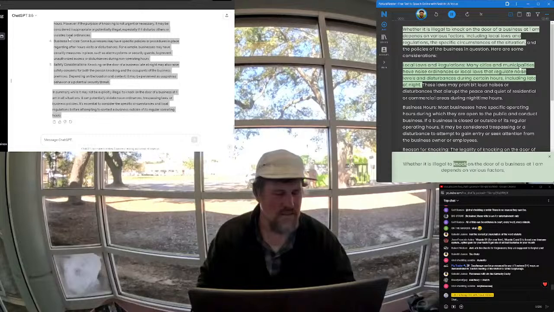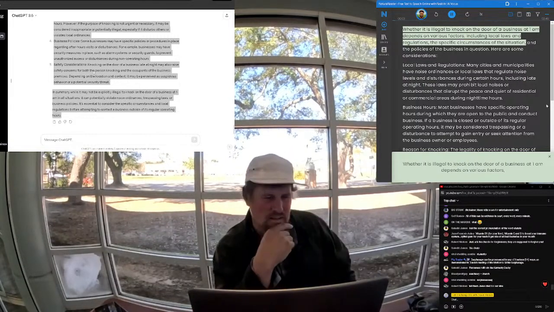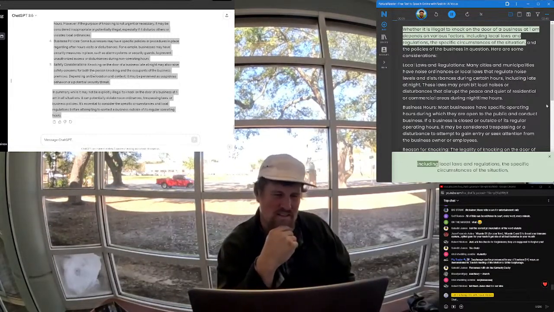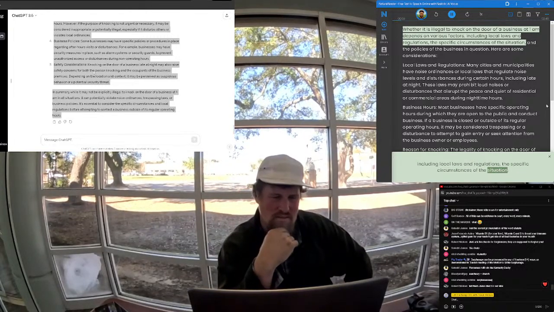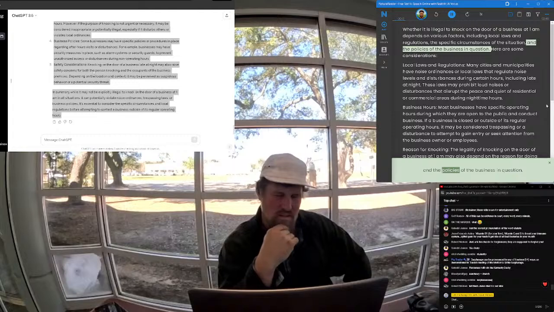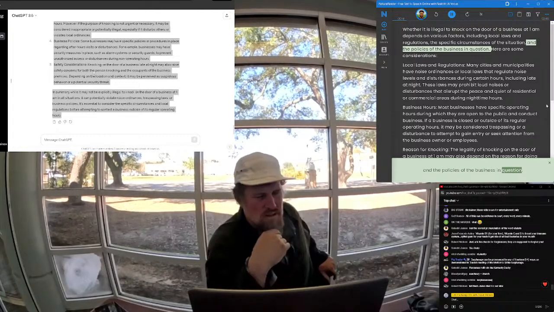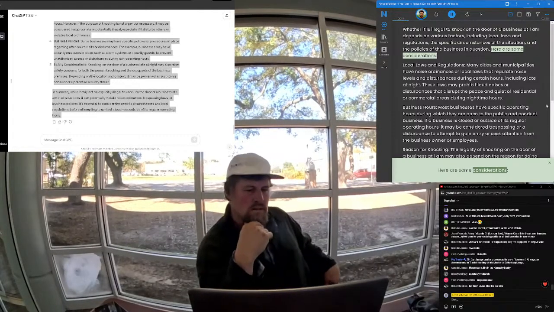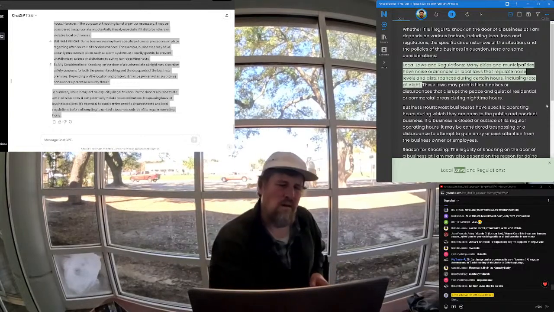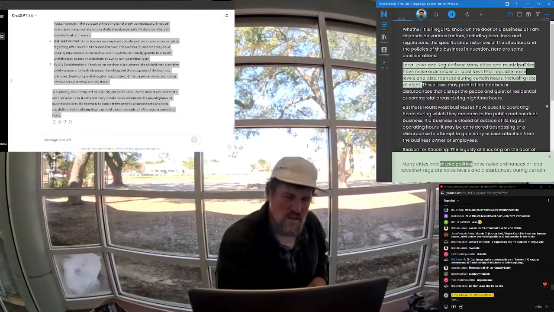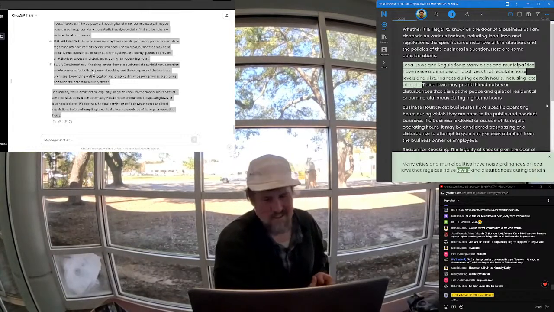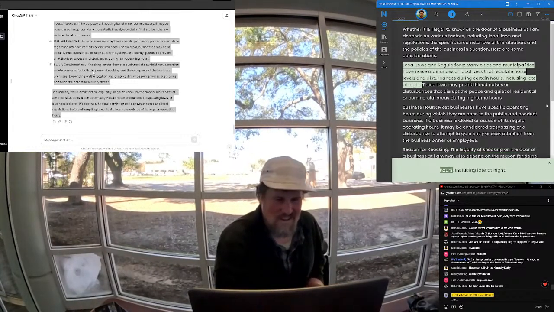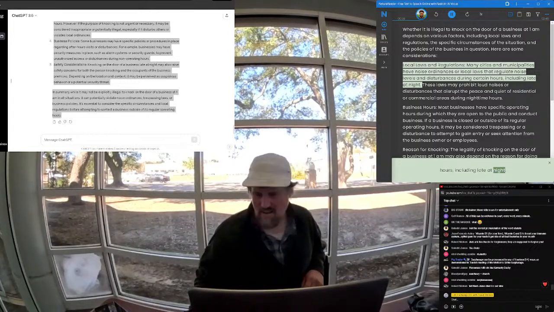Whether it is illegal to knock on the door of a business at 1 a.m. depends on various factors, including local laws and regulations, the specific circumstances of the situation, and the policies of the business in question. Here are some considerations. Local laws and regulations. Many cities and municipalities have noise ordinances or local laws that regulate noise levels and disturbances during certain hours, including late at night.